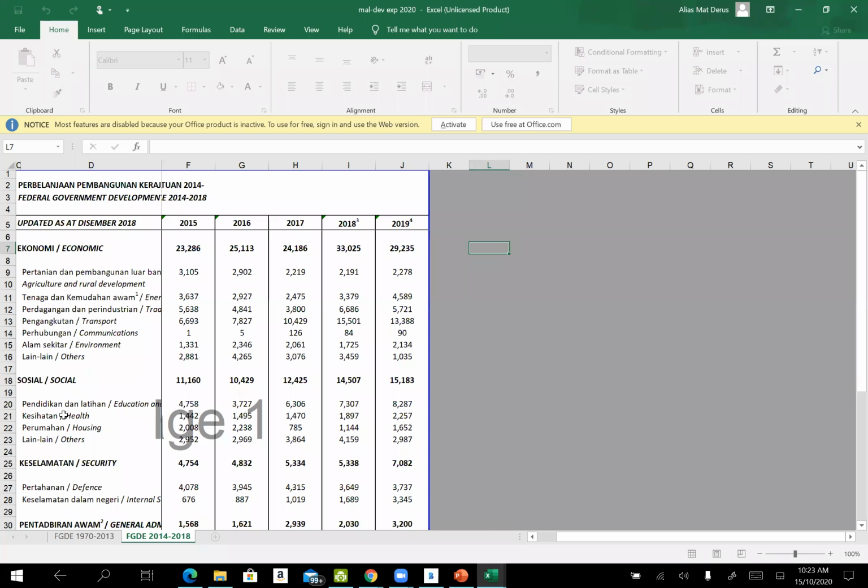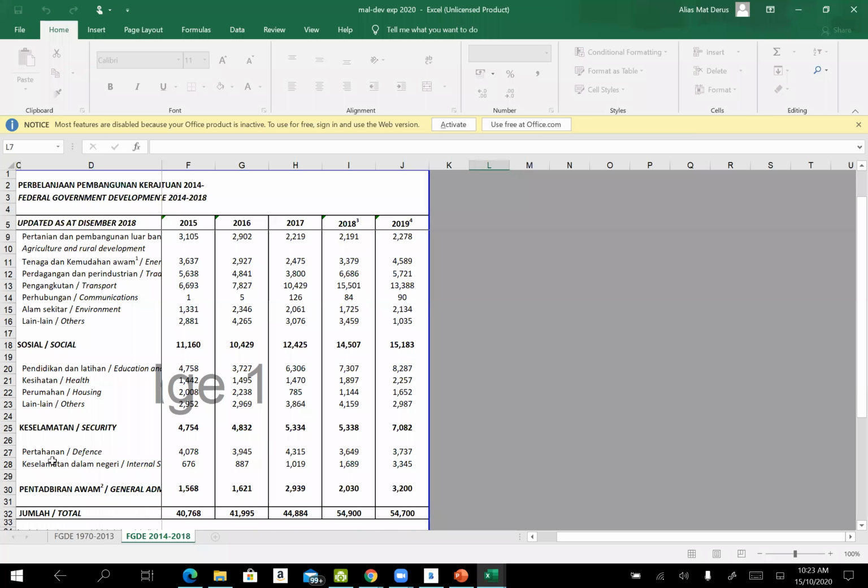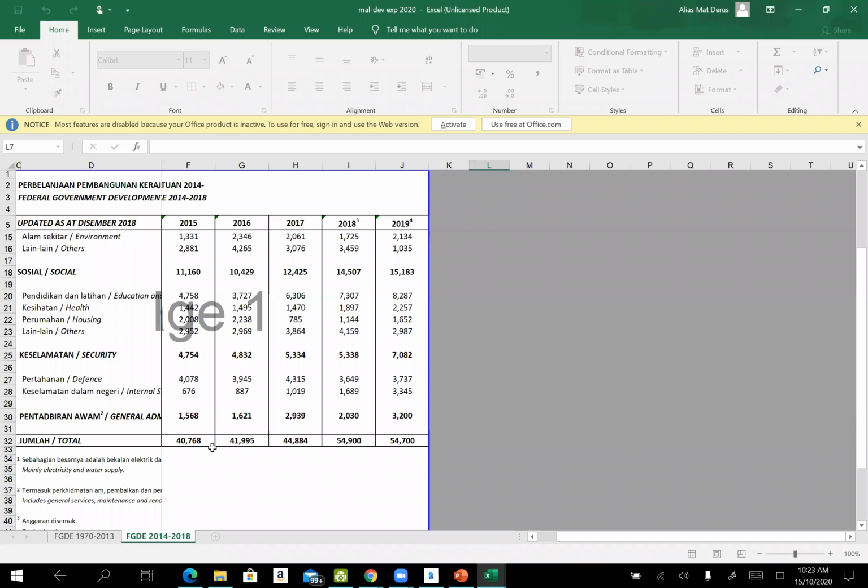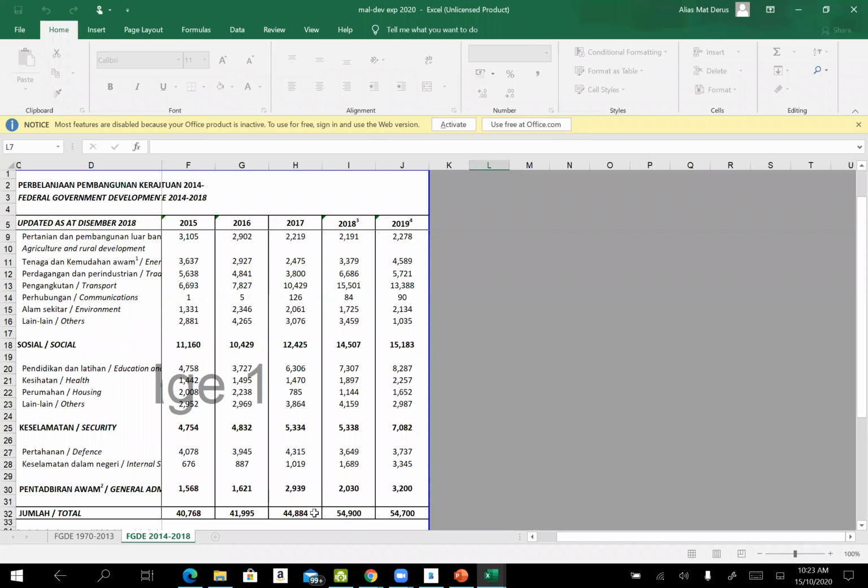And then you have the education here, all right? And then you have the security, this is public defense. And then the internal security, I think the police force and others. So if you look at the total for 2017, it's about 44.9 billion. 2018, about 54.9 billion.